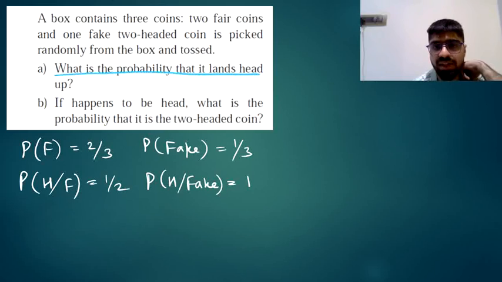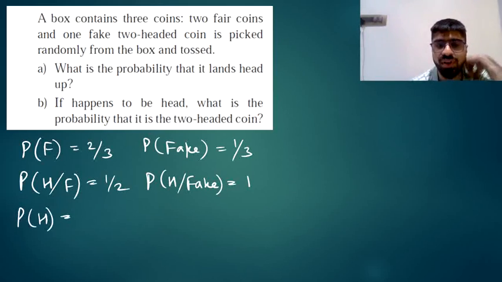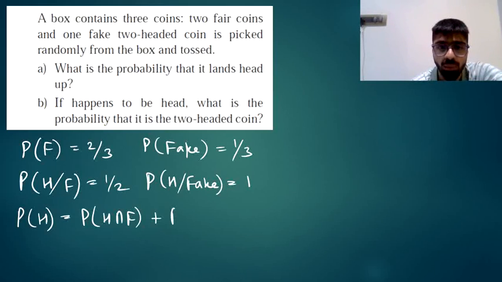What is the probability that it lands heads up? So you have selected at random some coin, you don't know what coin you have taken, you just need the probability of a head turning up. So probability of a head turning up will be, this will be probability of a head turning up along with a fake coin, that is P of H intersection F, or probability of head turning up given that, probability of a head turning up with the fake coin.